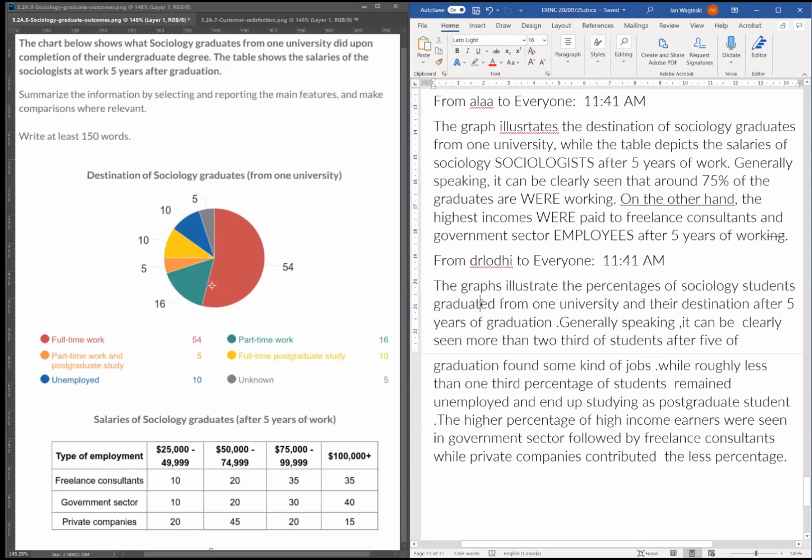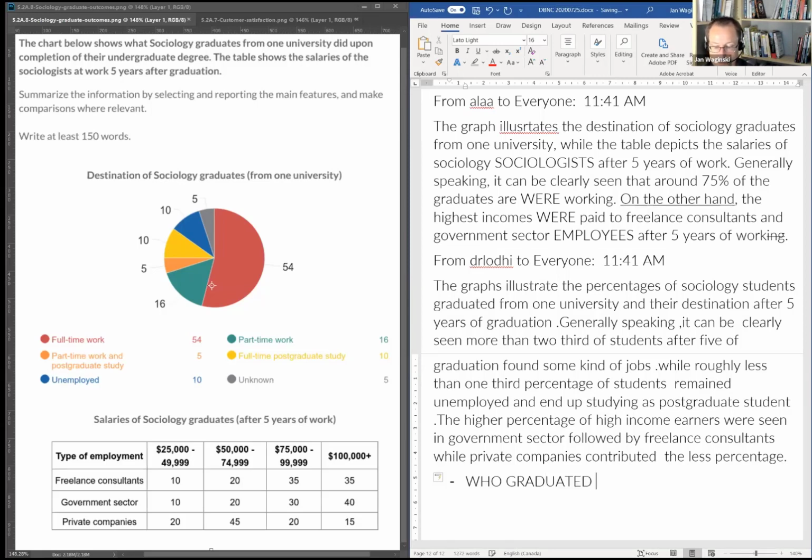So because of that, this participle needs to be the active participle. Remember we briefly talked about this earlier. If you have who graduated, what's the participle version of that? Graduating. Yep. Graduating from one university and their destination after 5 years of graduation.